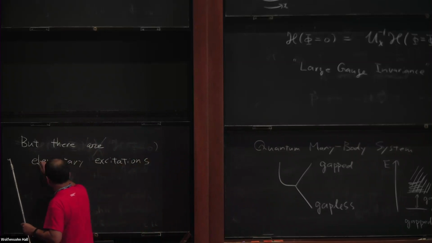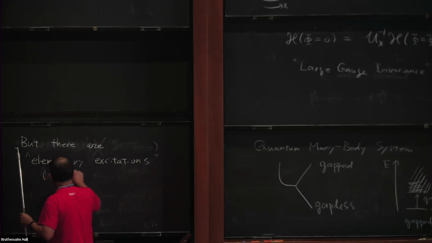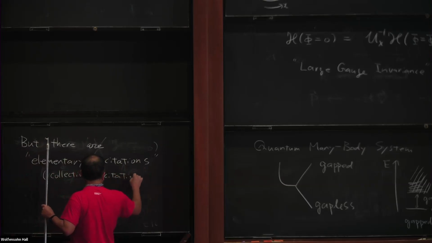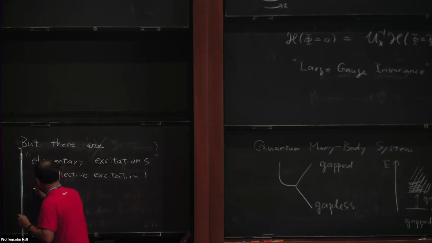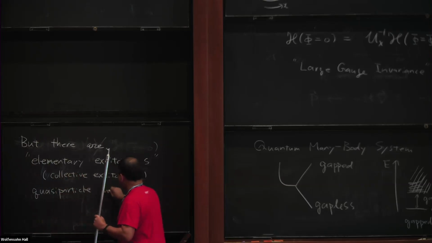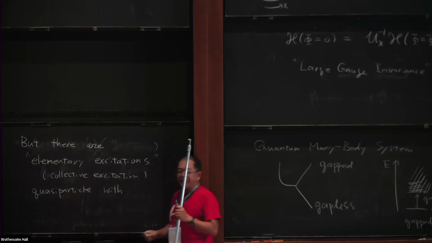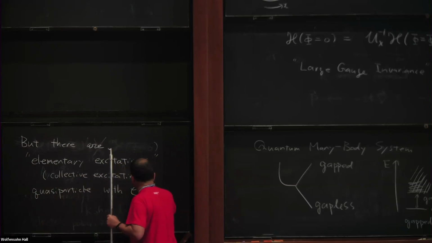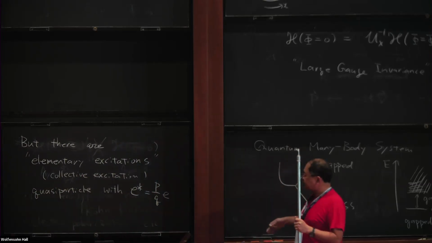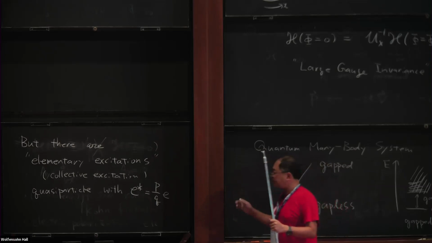So these elementary excitations are like collective excitations, which we can call quasi-particles with some fractional charge e star. And let's assume that there is also a quasi-particle with opposite charge.